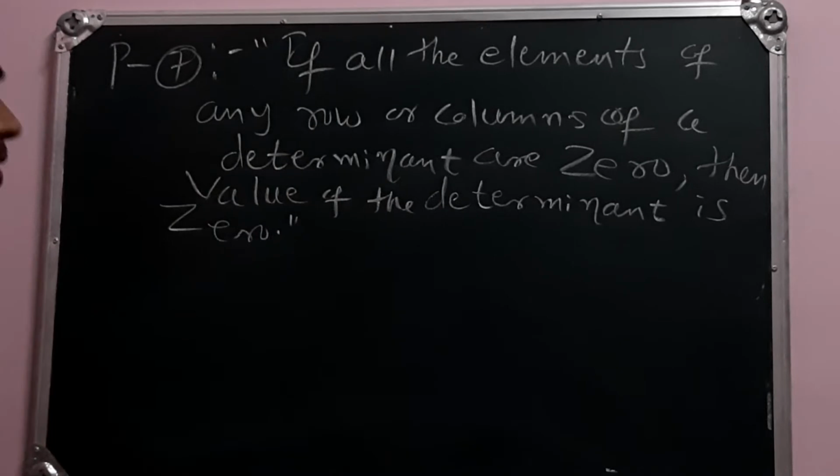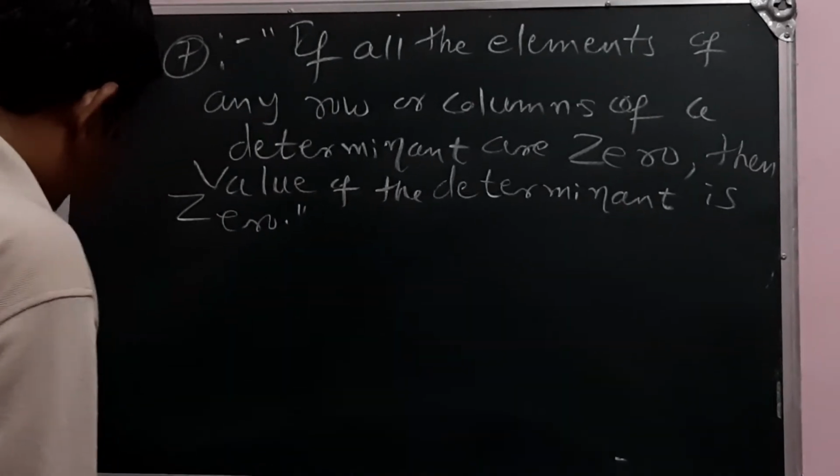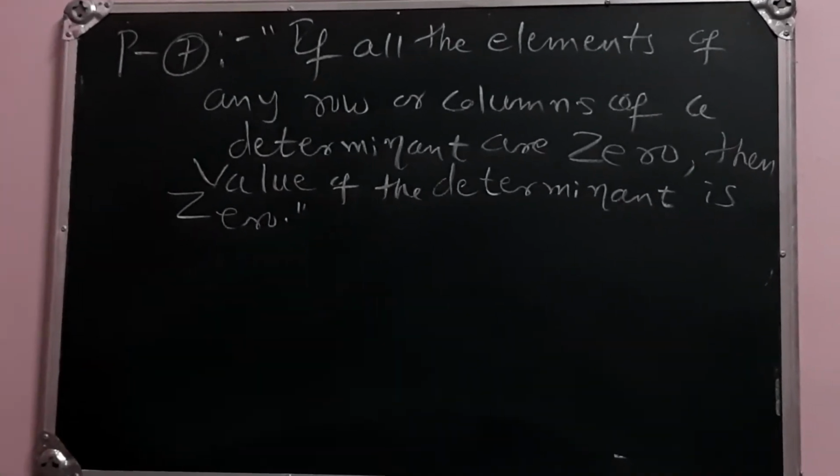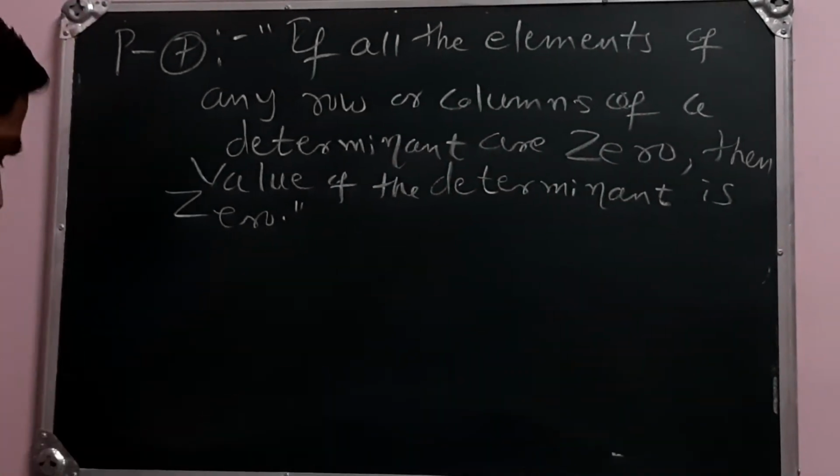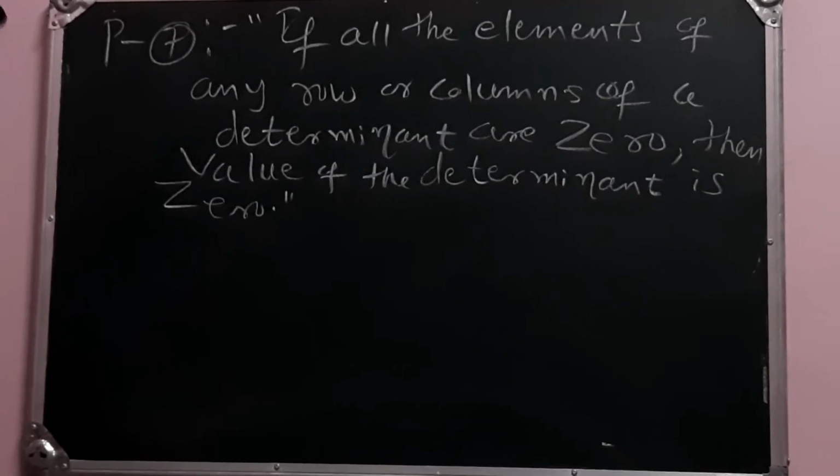So you can put the inverted commas here. If all the elements of any row or column of a determinant are 0, then the value of the determinant will be 0.